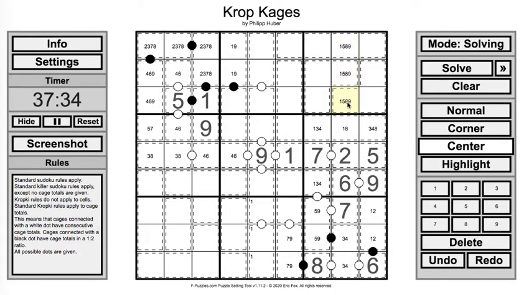We cannot put a 1 or a 5 in here because of these two. So we're left with 8 and 9, and up here we are still not too knowledgeable, but we will get there.